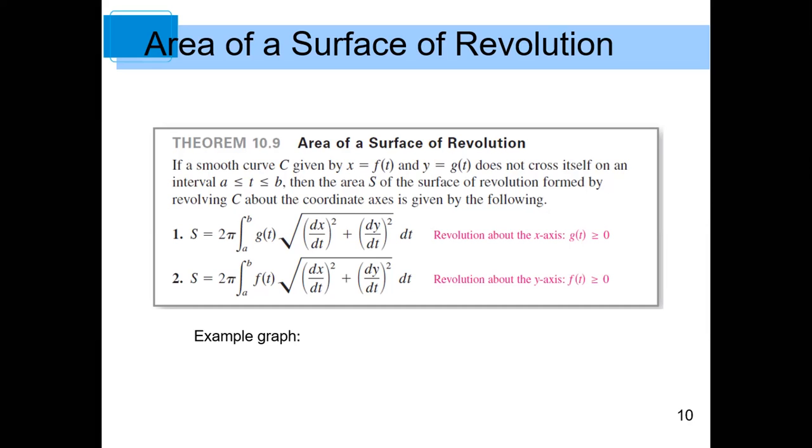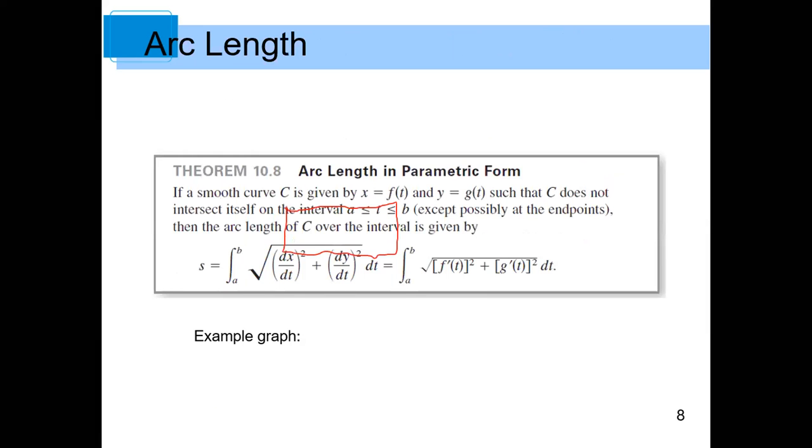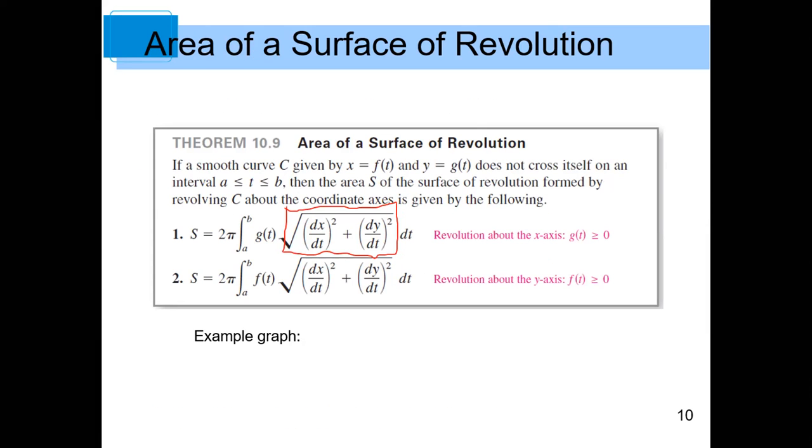Now, here's the formula. Doesn't this look familiar? This guy right here, the square root of that stuff. What does that remind you of? How about we look at the previous slide. Does it remind you of that? Yeah, it's the same factor. This is the arc length factor.